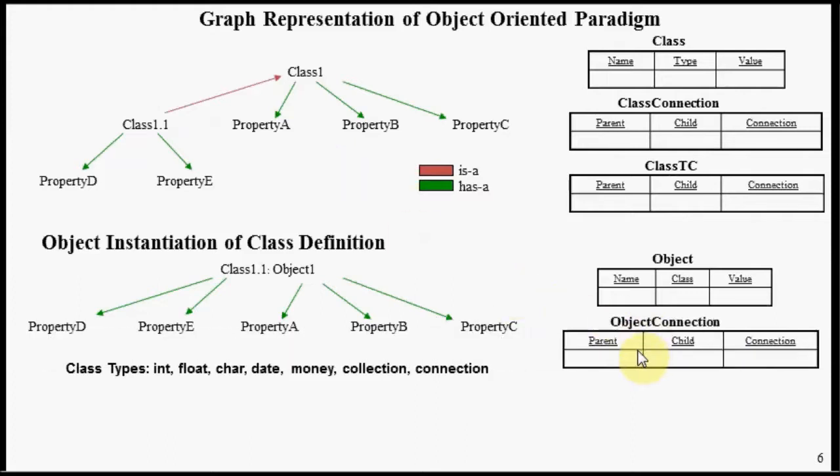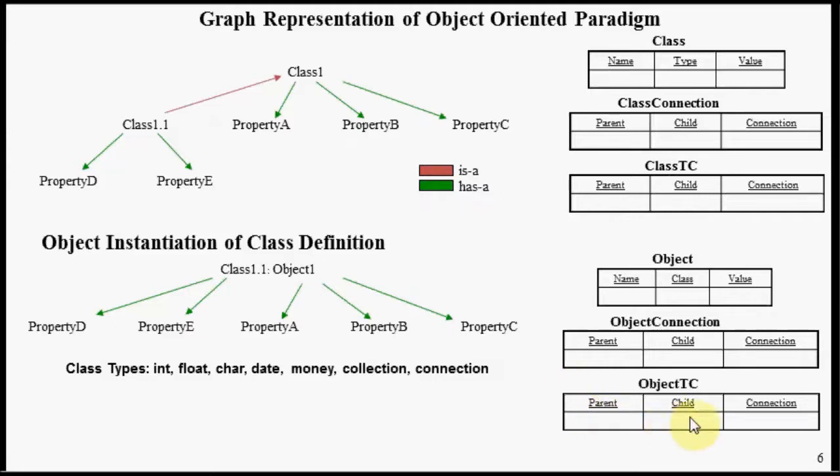We also have an object connection table, which represents the connections of our object graph. So it's a parent-child pair, again with connection type. And we have a transitive closure table associated with our object graph. And assume here also that this transitive closure table is maintained automatically whenever nodes or connections are added or deleted in our object graph.